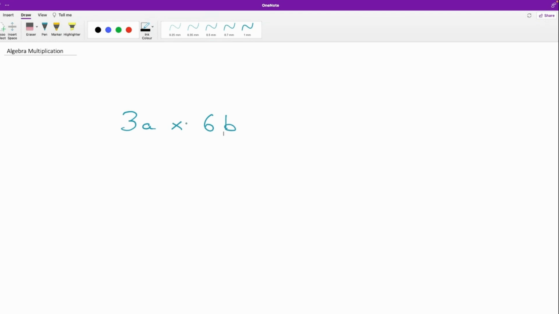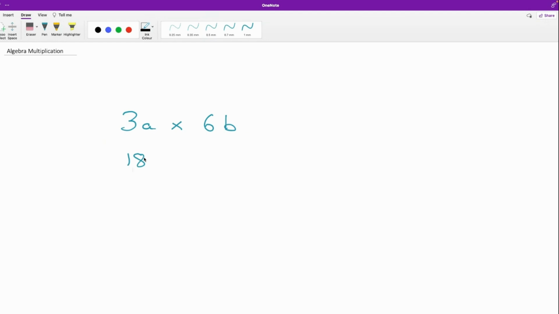The next step is to have a look at the numbers. So for example, we have 3 and 6. So let's go ahead and multiply those two together. 3 times 6 gives us 18. The third step is to have a look at the pronumerals. We have a and b.